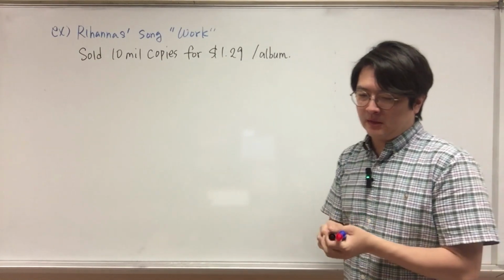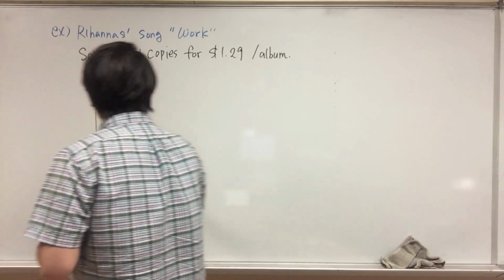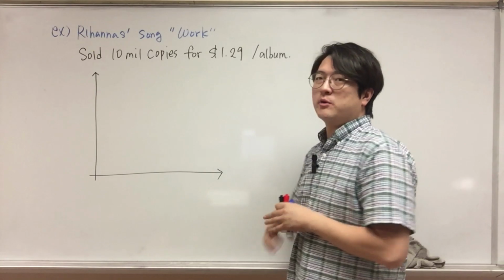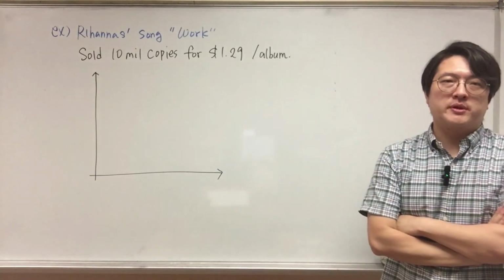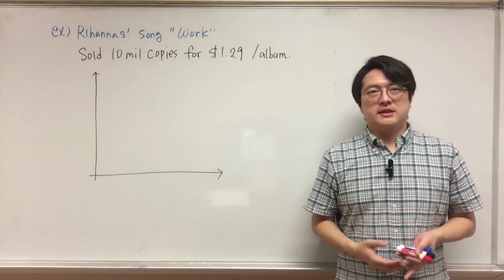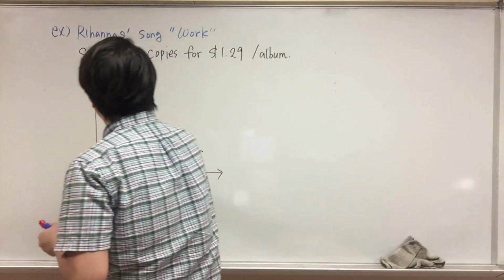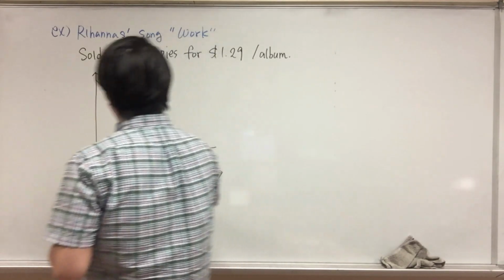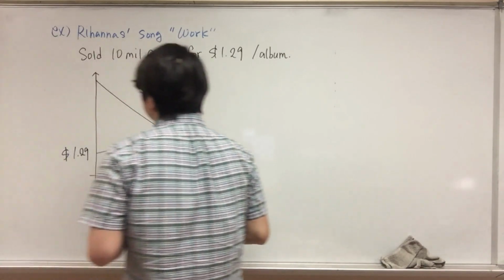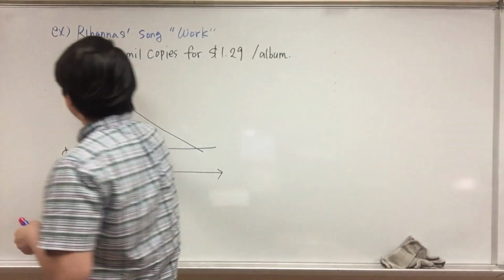Okay? So let's do the graph. In this case, we want to find the consumer surplus. So the demand curve looks like this, and the market price is $1.29. Many consumers would be willing to pay up to $3.29.